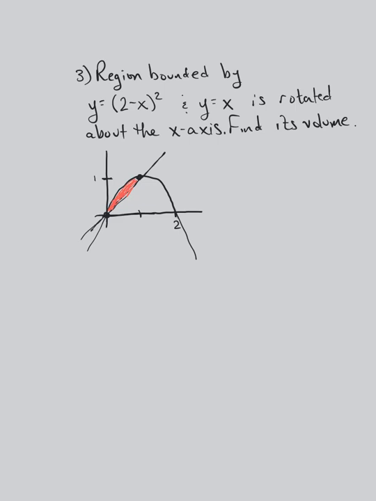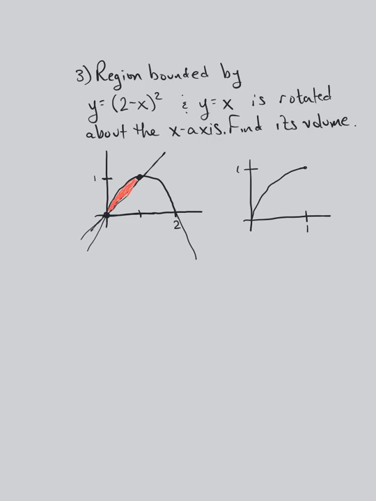So I'm going to redraw it over here a little bit more stretched out. So 1 and 1. So I have this parabola that opens up, but then I have this line that's straight back there. Okay, now what's the deal? I'm rotating this about the x-axis. All right, and so you know what I'm going to do?